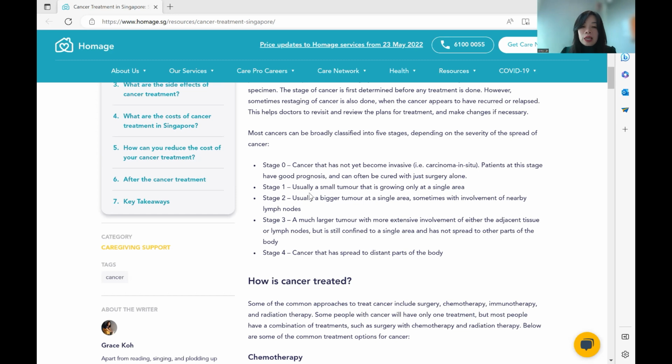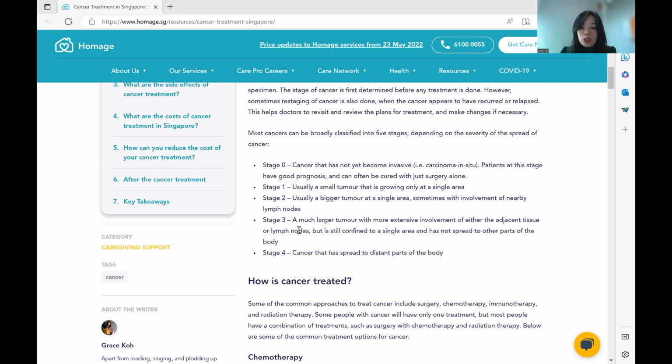Stage 1 is when a small tumor starts growing at a single area. At stage 2, usually a bigger tumor at a single area, sometimes with involvement of nearby lymph nodes.